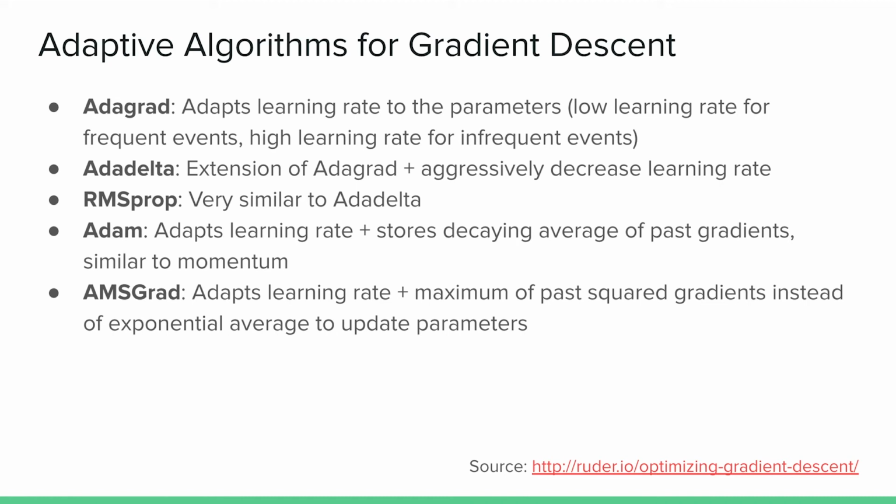And finally, AMSGrad adapts the learning rate and also computes some additional things to make sure how these parameters work. But I have to say, it's really hard to give a good recommendation of which one of these works best. And there's been a really nice and really interesting work by Mr.